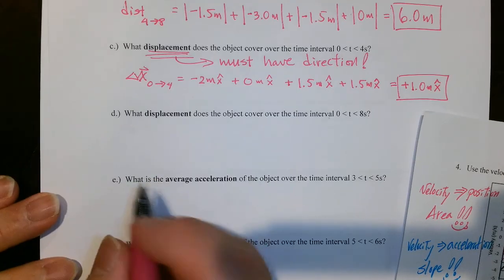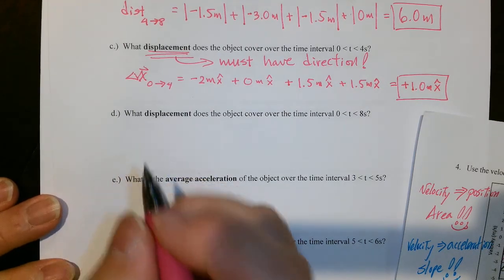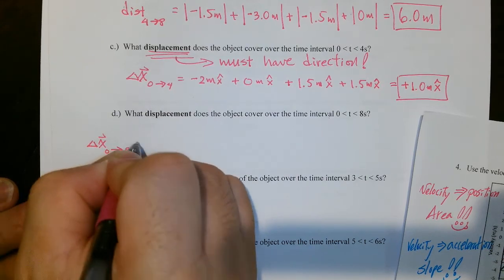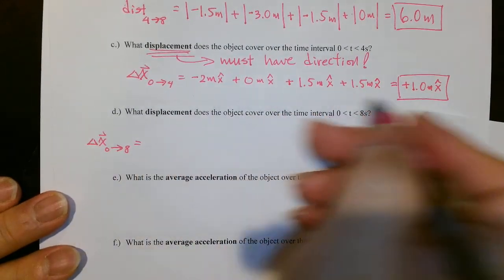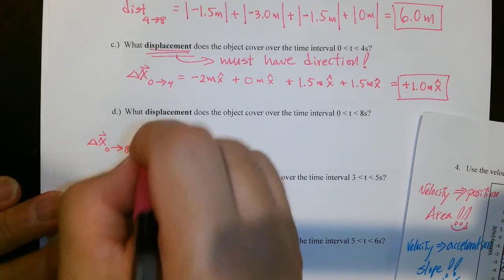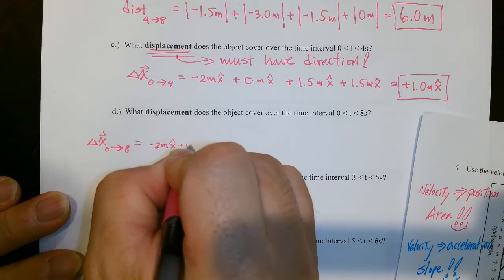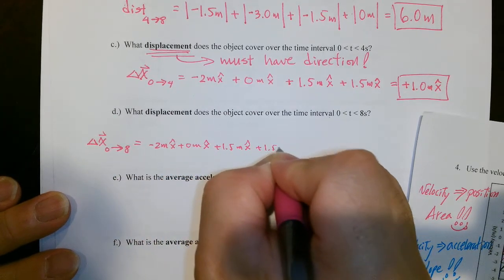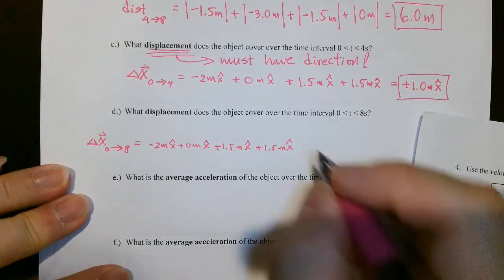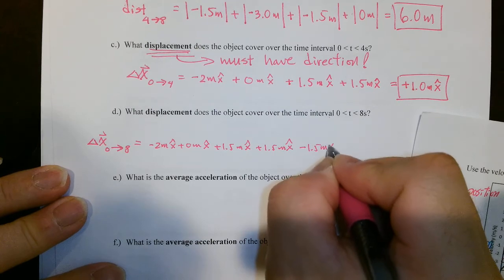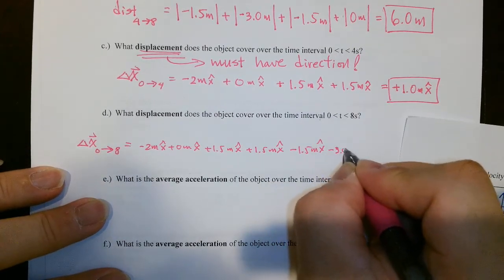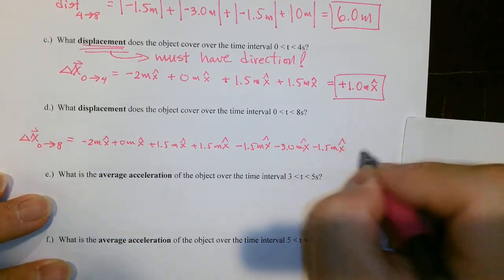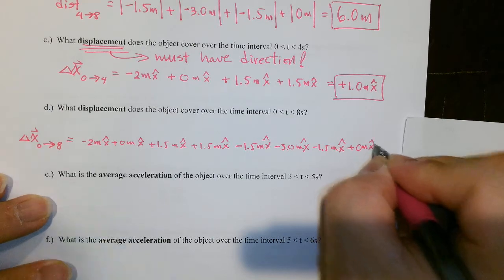All right, and then what is the displacement from 0 to 8? Well, that's easy now, right? So here I have all this, so I'm going to write all that down again. So -2 meters x hat plus 0 meters x hat plus 1.5 meters x hat plus 1.5 meters x hat, and then we have minus 1.5 meters x hat, minus 3 meters x hat, minus 1.5 meters x hat, plus 0 meters x hat.